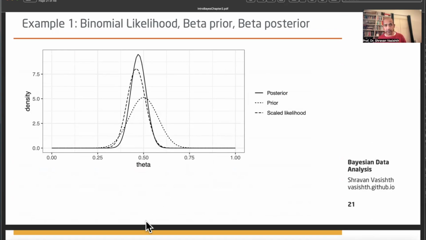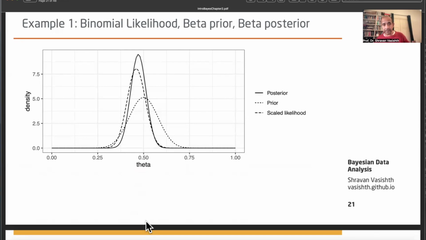And so one important thing to notice in this figure is that the posterior distribution of theta, that is the solid line, lies somewhere between the scaled likelihood function and the prior. I scaled the likelihood so that it fits into this plot, because likelihoods are not proper probability density functions.